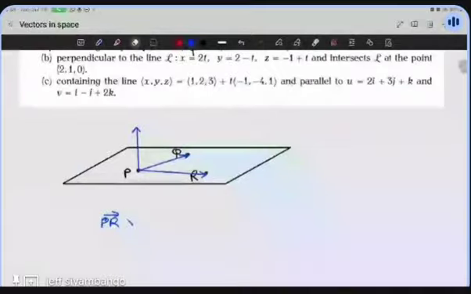So it doesn't matter the order we cross these. Either the normal will point up or it will point down. But we go with PR cross PQ.